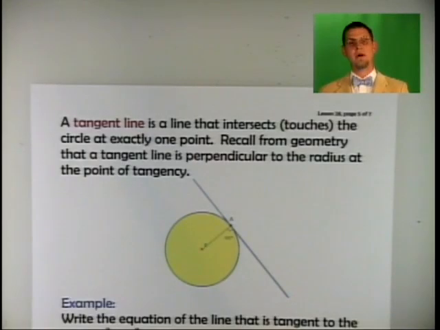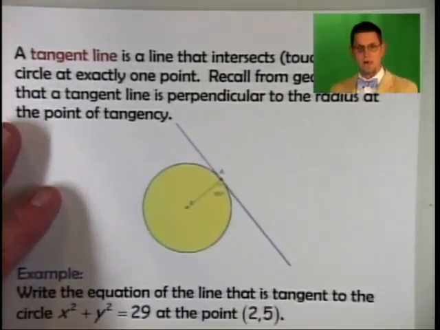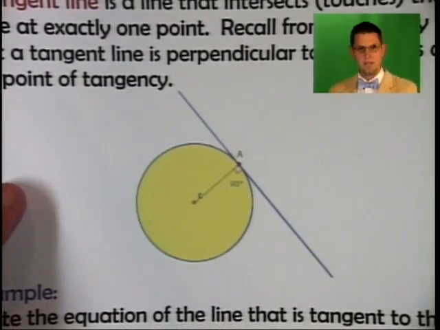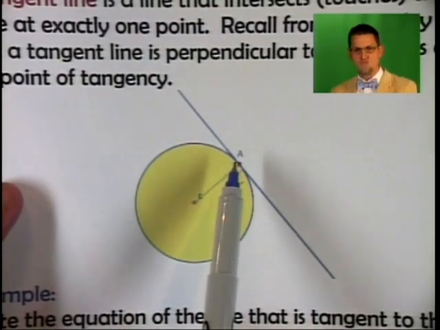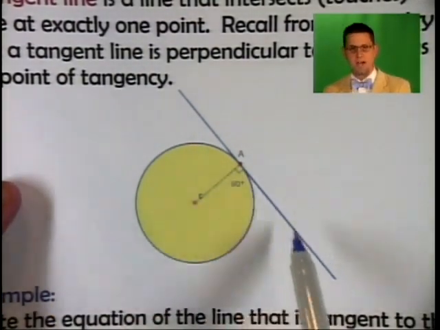Now we're going to look at a very important piece that's related to a circle, and it's called a tangent line. If you remember from geometry, a tangent line is basically a line that touches any curve in exactly one spot. In this case, we're talking about the curve that is the circle. So I have drawn in a tangent line right here. It basically comes in from space and right there, just kisses the circle at one spot and keeps going.